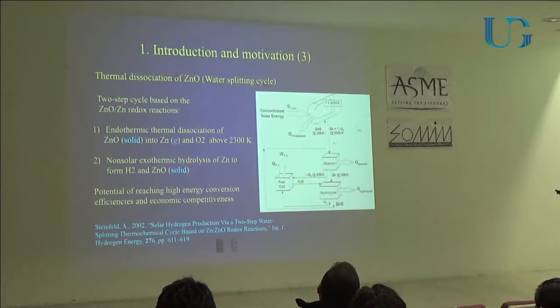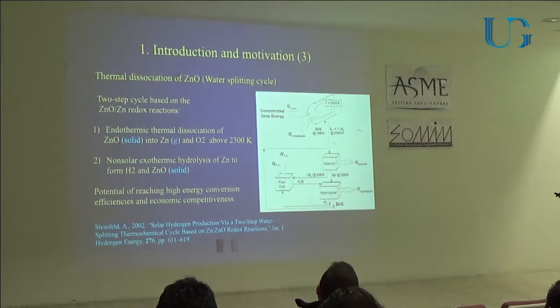Then, if we reach a temperature of 2,300 degrees Kelvin, and we have a supply of tin oxide in here, then when it gets heated up at this temperature, it will dissociate.